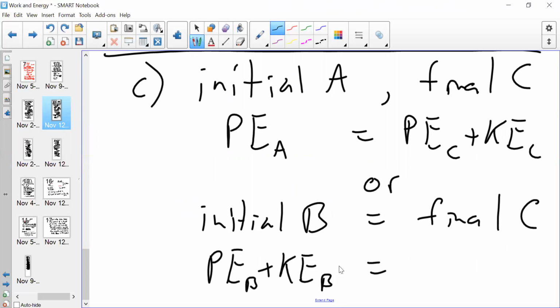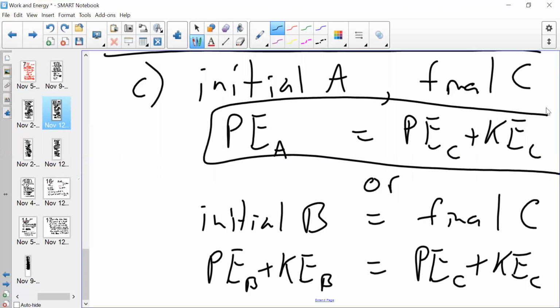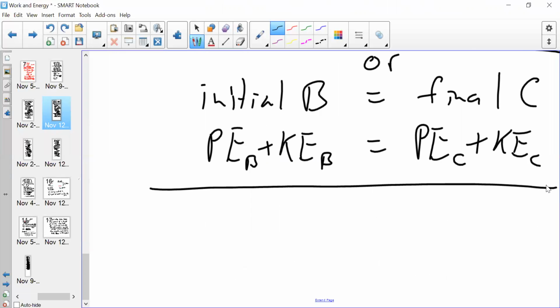I get my kinetic after finding the speed at B, which I did in part A, and then add the potential energy at B. Then I can find my velocity at C. But as you can see, this is better. It's not as messy. So choose the top.